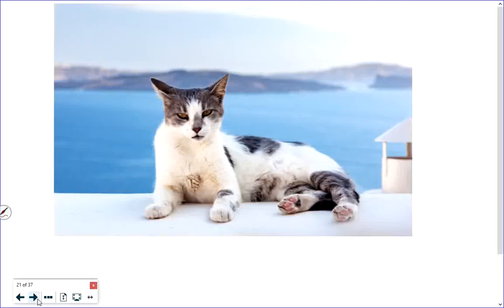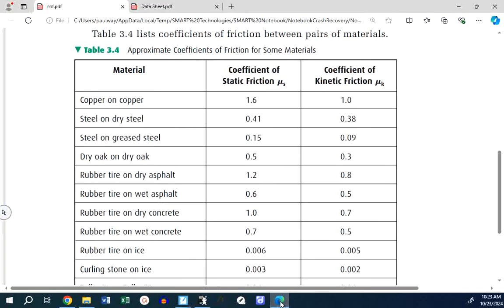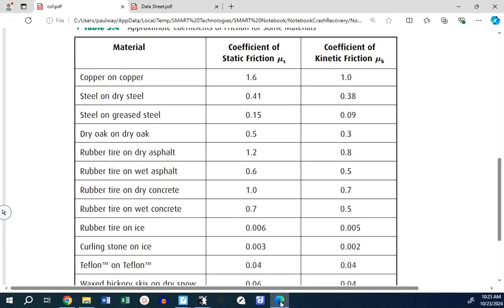And if you were to look on page 183 of your textbook, there's a table that shows various coefficients of friction. There's static friction and kinetic friction. Well, let's just talk about kinetic friction. When you take a look at, say, copper on copper, the coefficient of friction is quite large.